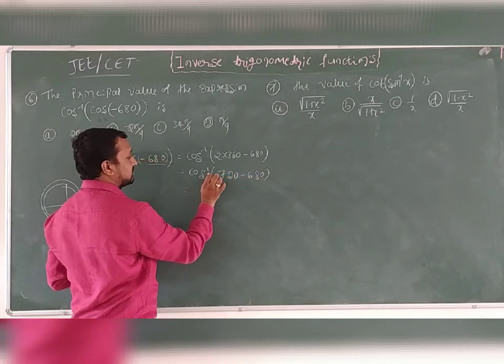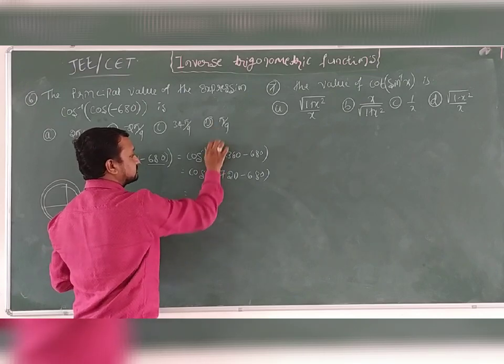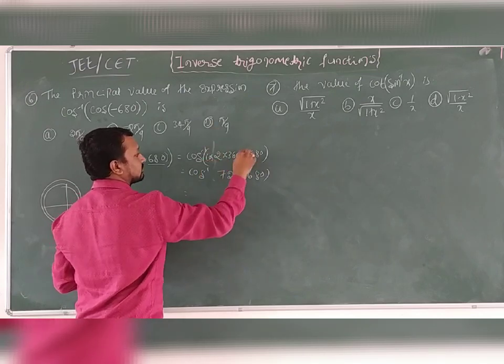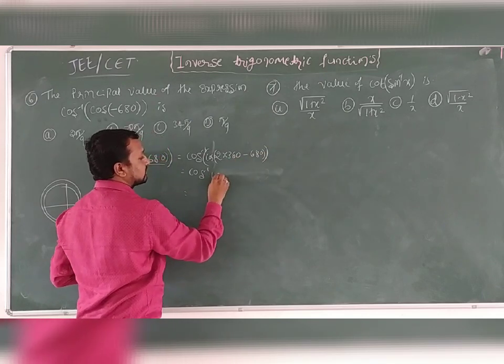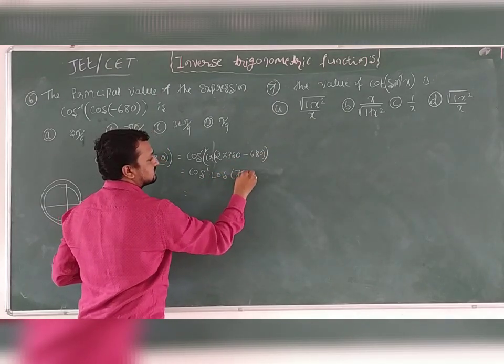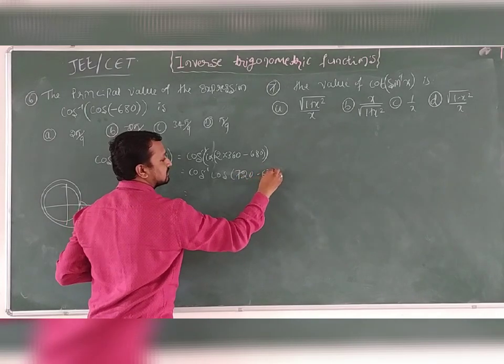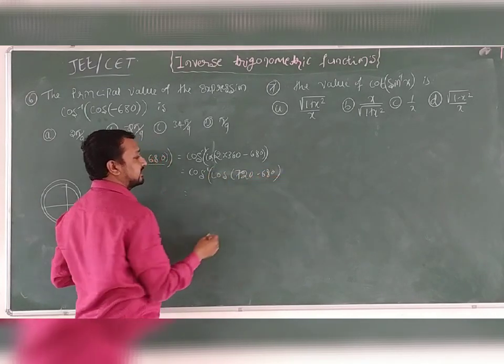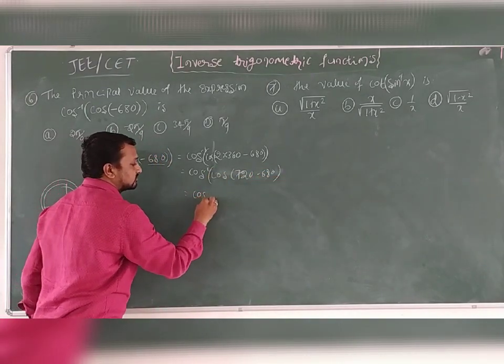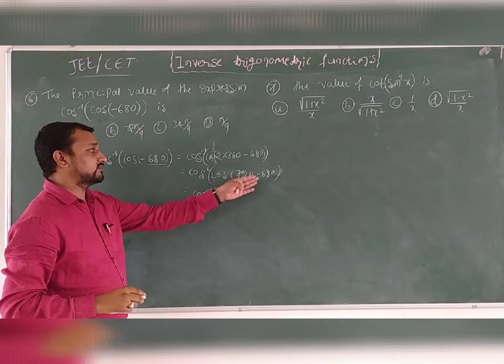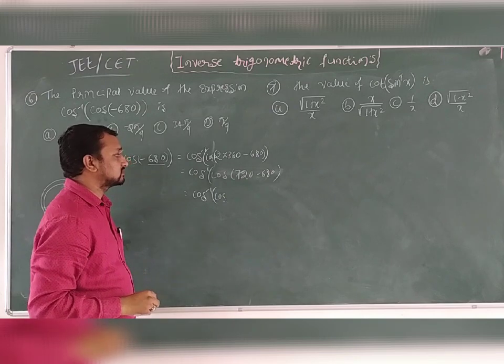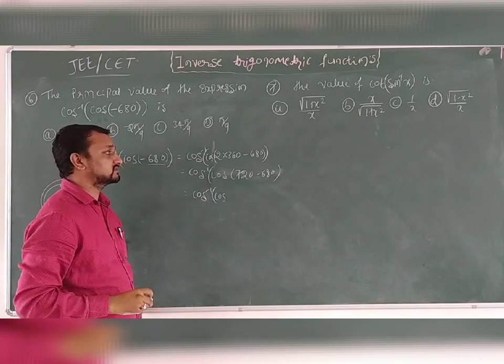So here the cos function is there: cos of 720 minus 680. Cos inverse of cos of 720 minus 680.